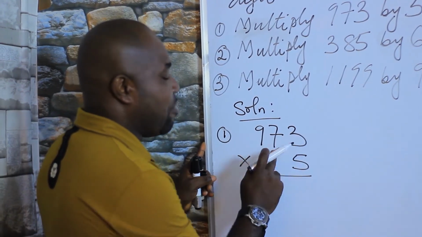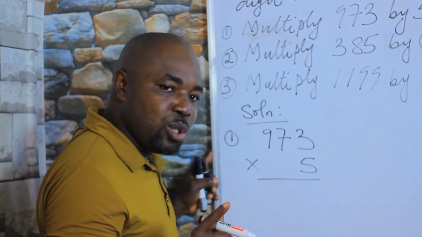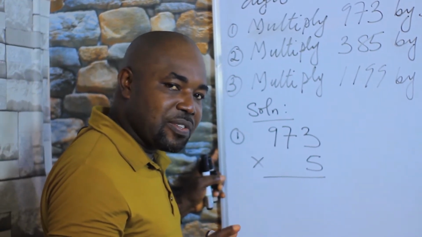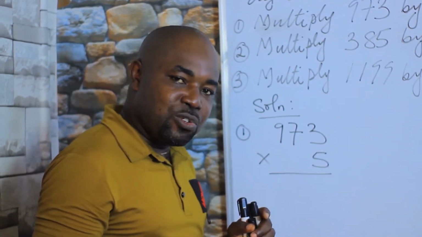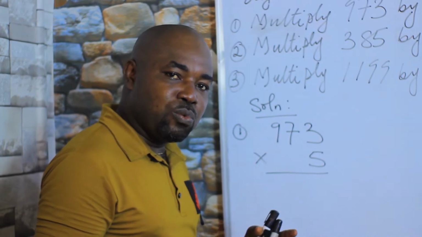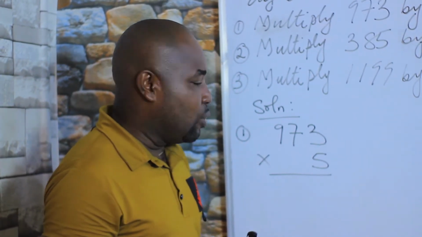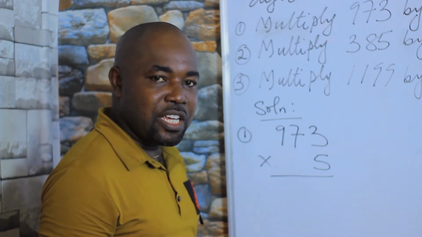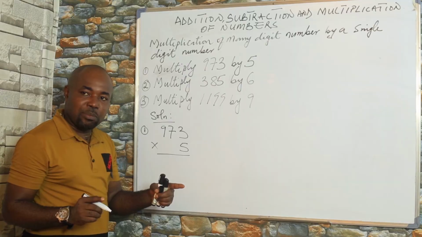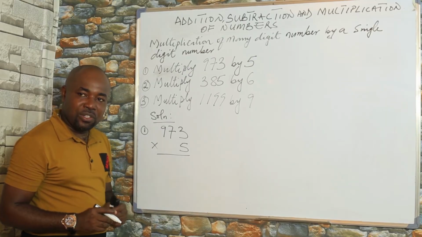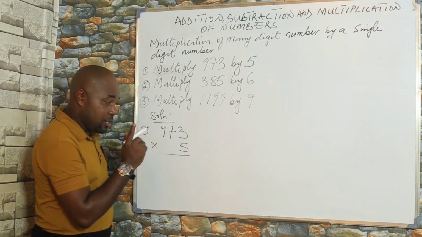5 times 3 is 15. Please, you should go back to your exercise books and learn your multiplication table very well, so that as you are multiplying here, it will not be difficult for you to do the way we are doing it here on the board. But where you find it difficult, you consult your multiplication table for better understanding. Here, 5 times 3 is 15.